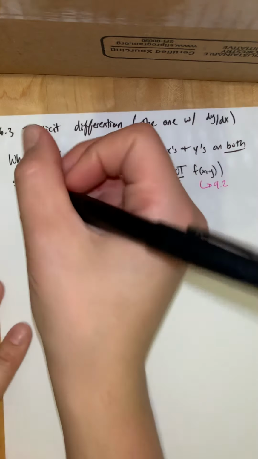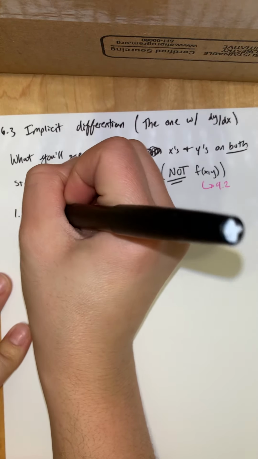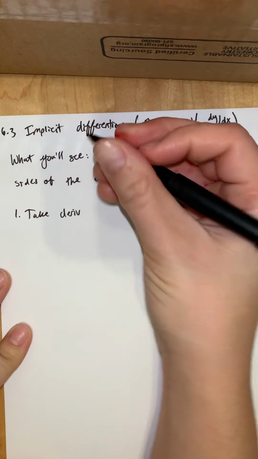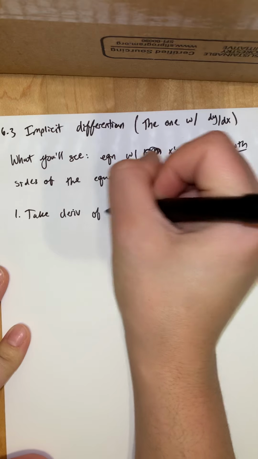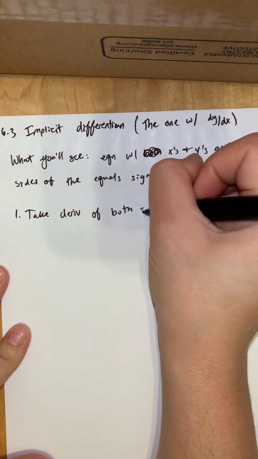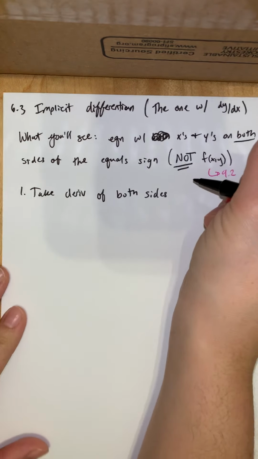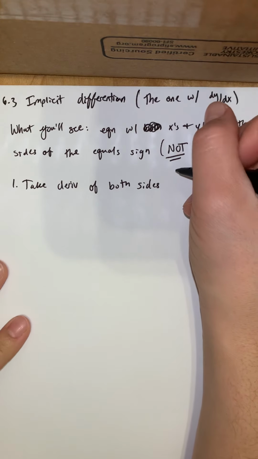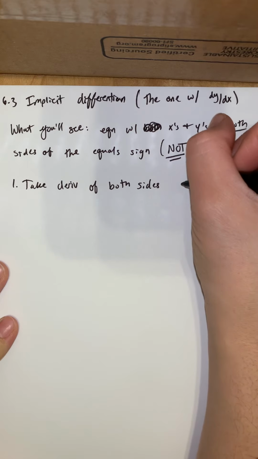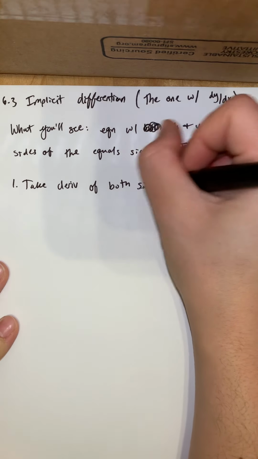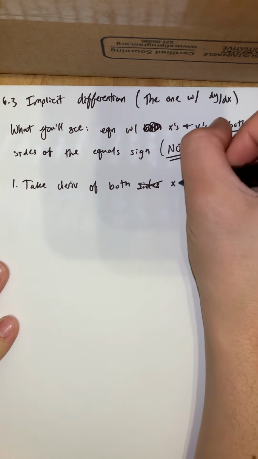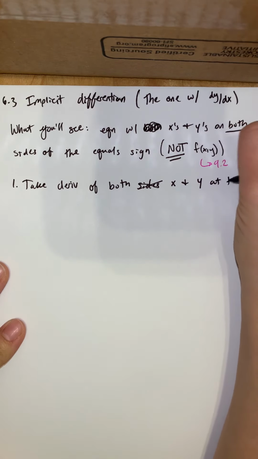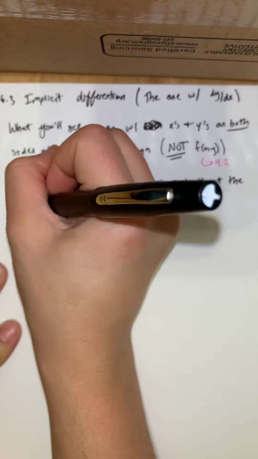So step one, we're going to take the derivative in a slightly different way. We're taking the derivative of both sides of our equation. We're going to take the derivative of both x and y at the same time.